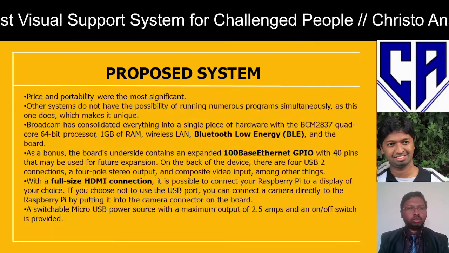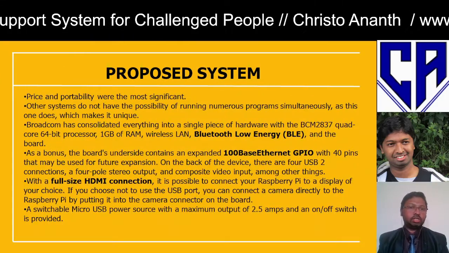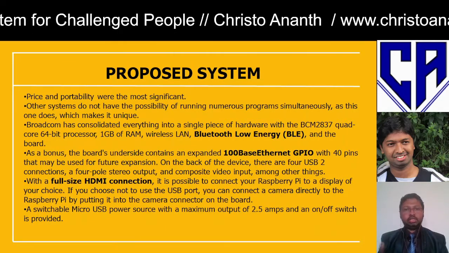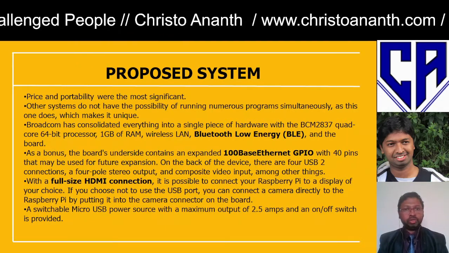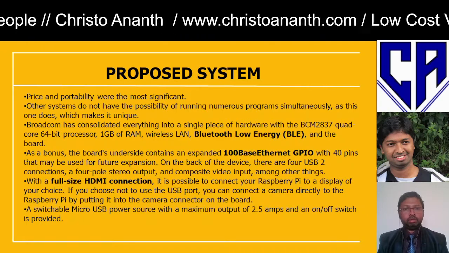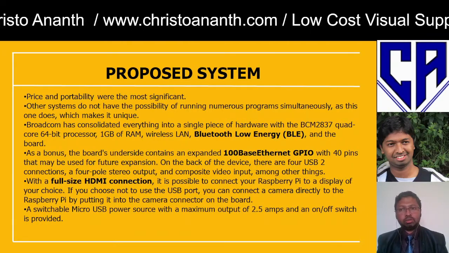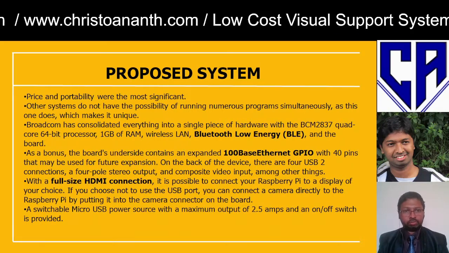Also, while talking about the price, the economic features as well as the portability are considered the most significant. We use a Broadcom processor, the BCM2837 quad core 64-bit processor.